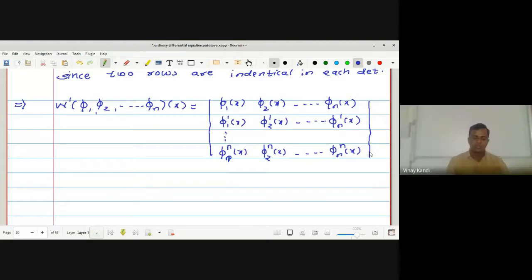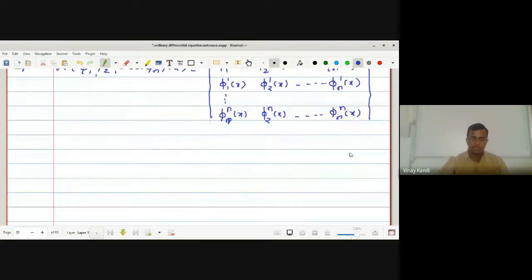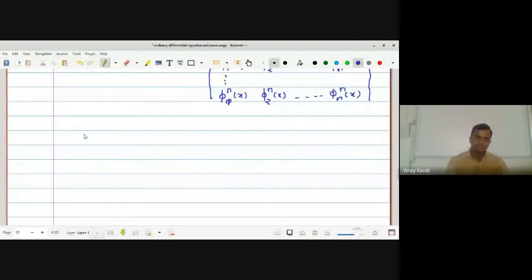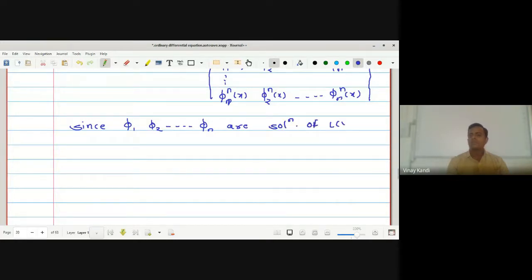Okay, now look at here. Since phi 1, phi 2, up to so on, phi n are the solutions of L of y is equal to 0, it implies that if phi 1 is the solution of L of y, then we get L of phi 1 is equal to 0.